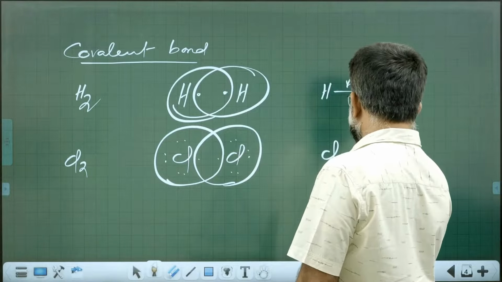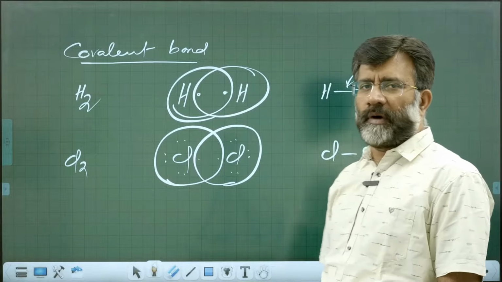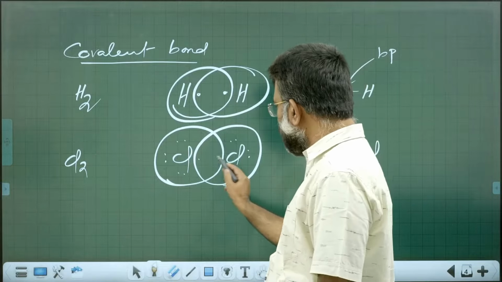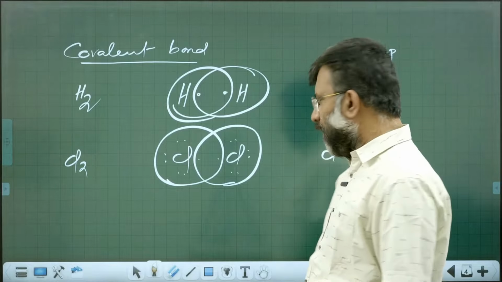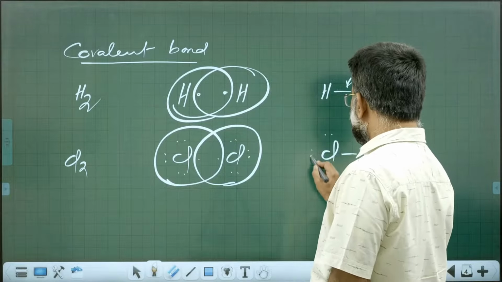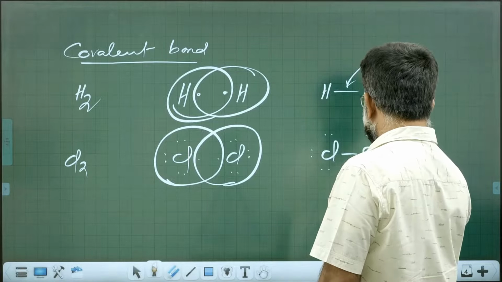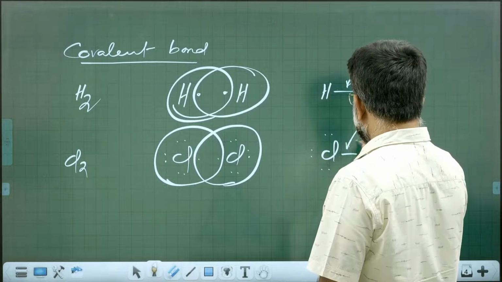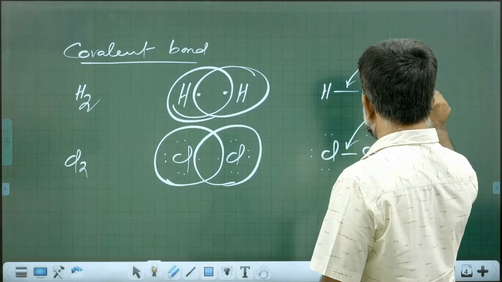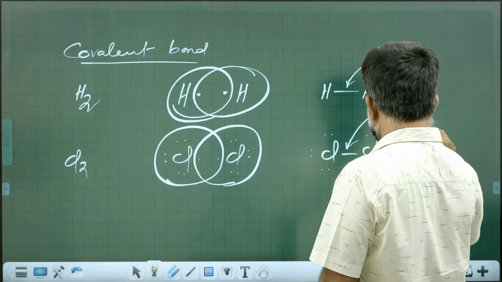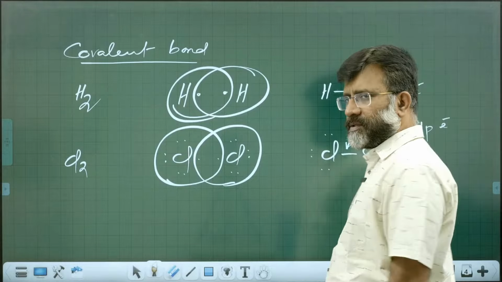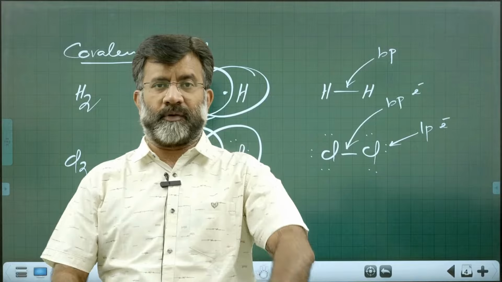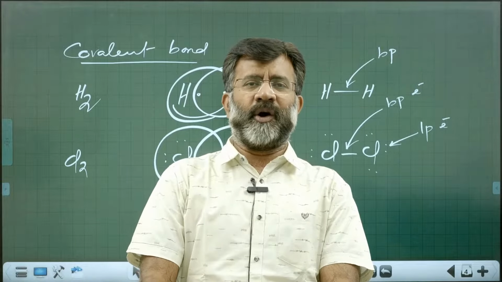We have once again a single covalent bond, because one pair of electrons is involved in bonding. And we have 3 lone pairs with each chlorine. All of you know this is called the bond pair electrons, while this is called the lone pair electrons. Non-bonded pairs of electrons are called lone pairs of electrons.